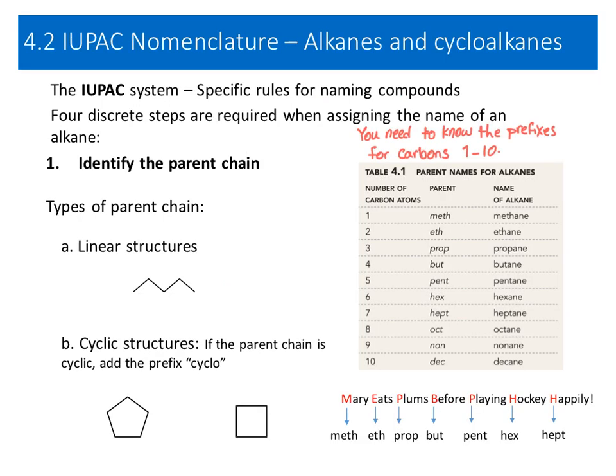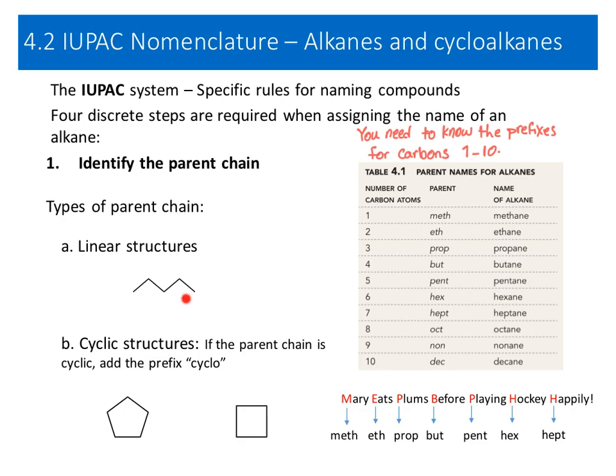Let's start with nomenclature of organic molecules. There is an IUPAC union that created a set of rules for naming organic molecules. And based on their system, the very first step is to identify the parent chain. So parent chain can either be linear or cyclic in organic molecules. And to name the parent chain, the first step is to find the number of carbons in the structure.